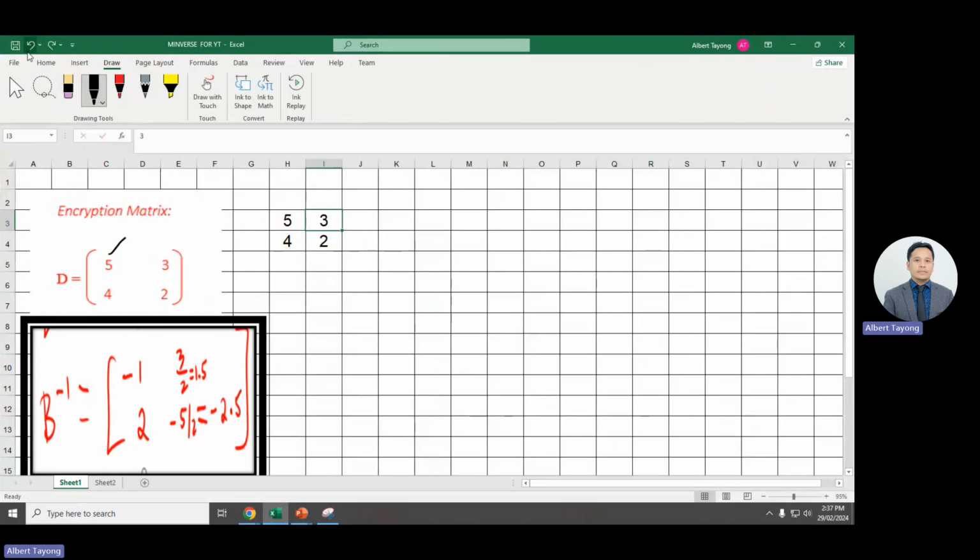All right, so now we have here a 2 by 2 matrix. Now here I put D, it can be any letter. It can be B or any matrix name. Now, since we have 4 cells here, 2 by 2, we need to select also 2 by 2 here to find the inverse.